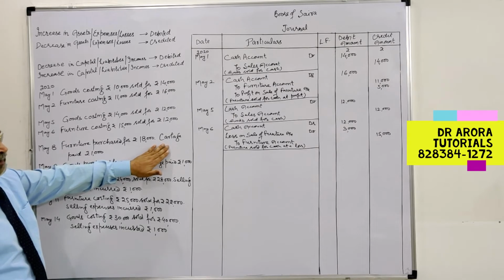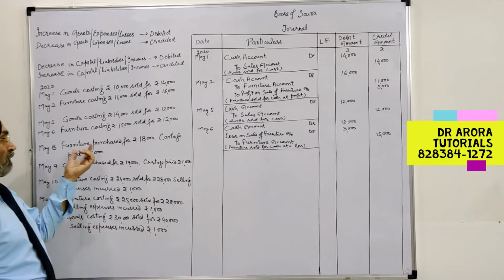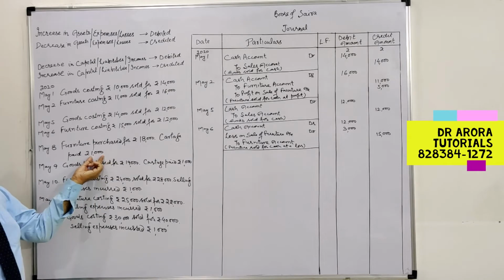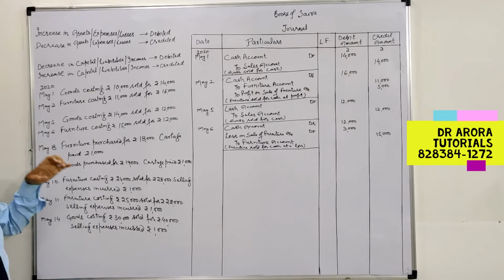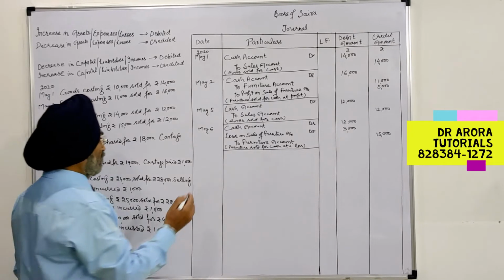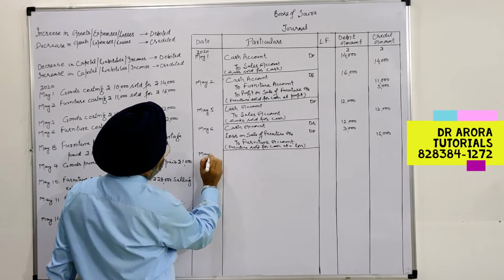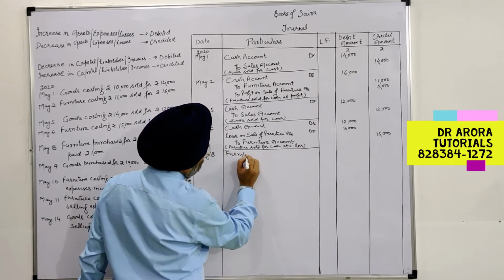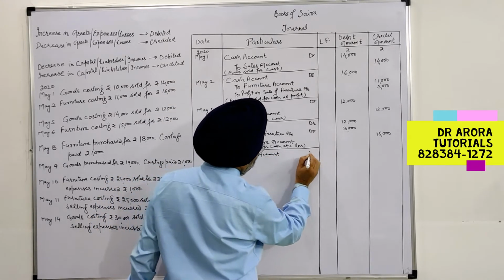Non-recurring nature expenditure will be included in the cost of the asset, and we will say furniture we have purchased not for 18,000, but for 19,000. Cartage will be included in the cost of furniture. So any expense incurred in connection with the purchase of the fixed asset will be included in the cost of the asset itself.